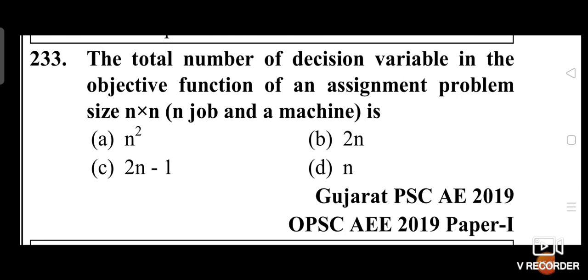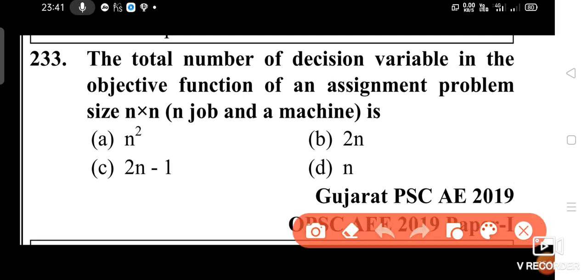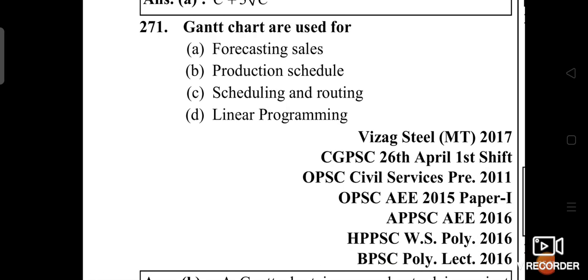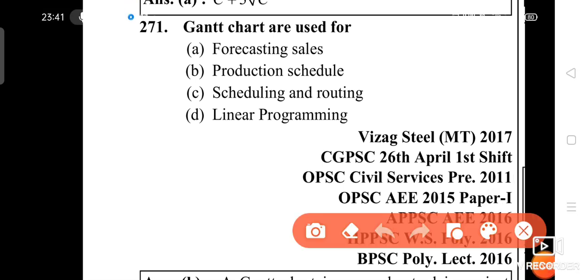Next, the total number of decision variables in the objective function of an assignment problem of size n into n is n square. Next, Gantt chart is used for production schedule.